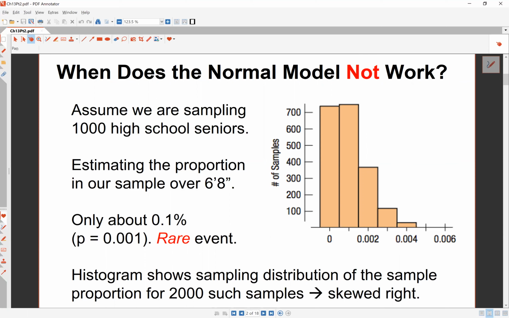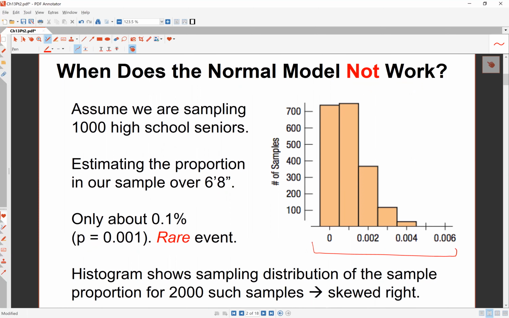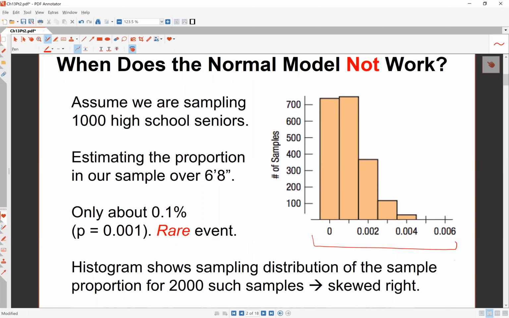If I then draw a histogram of all the proportions that I'm observing for my 2,000 samples, you will see that this sample proportion histogram is very much skewed to the right. It doesn't look like the bell curve is applicable here.